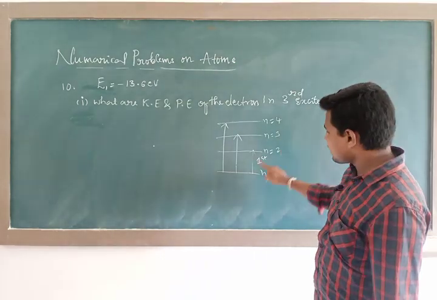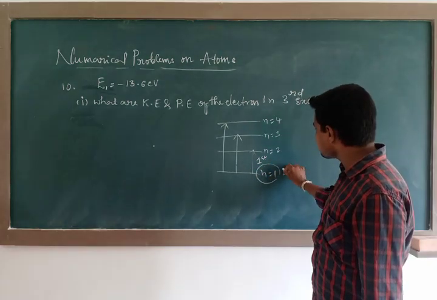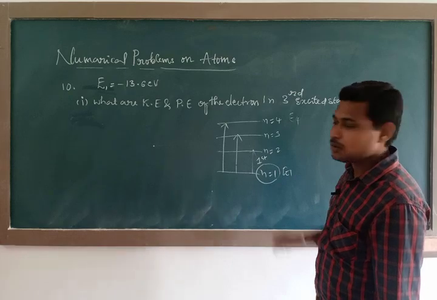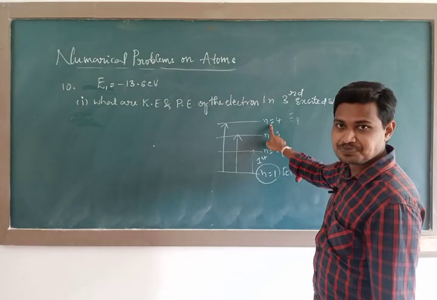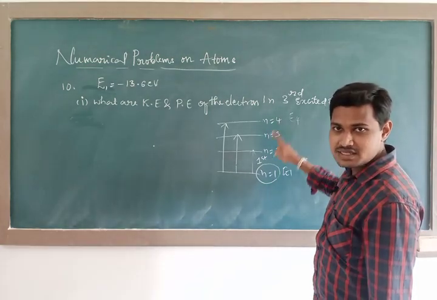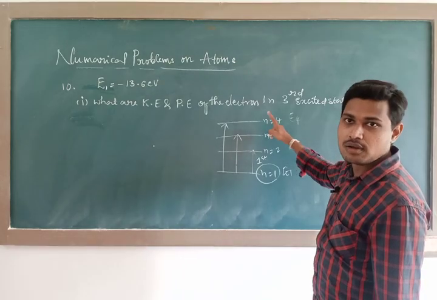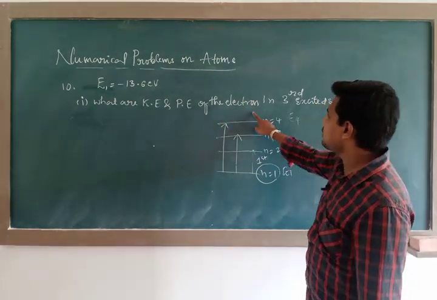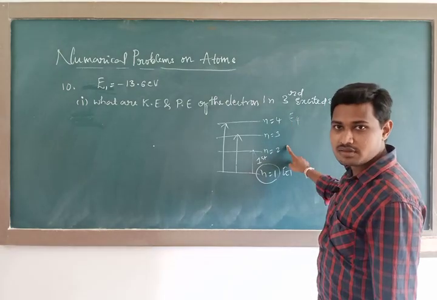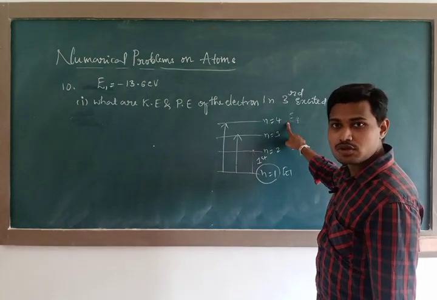So third excited state means transition from the E1 energy state to the E4 energy state. Yes or no? Because the fourth orbit corresponds to energy E4, and third excited state means transition from 1 to 4. So we have to find the kinetic and potential energy of the electron in the third excited state. For this, first we have to find the total energy in the fourth orbit.